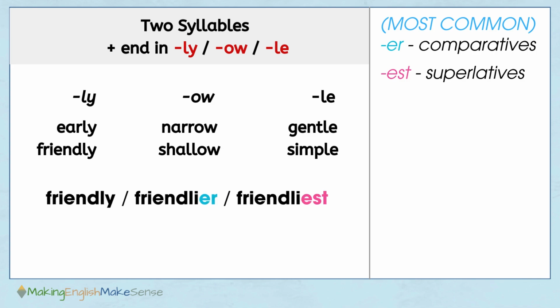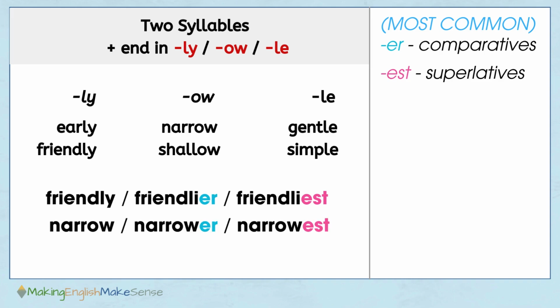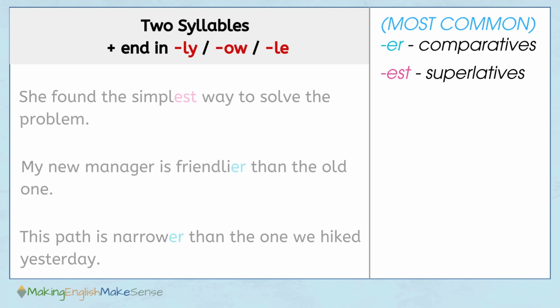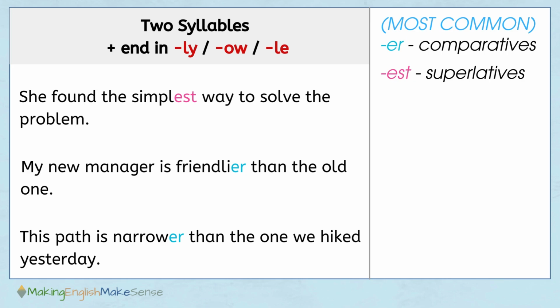Friendly, friendlier, friendliest. Narrow, narrower, narrowest. Simple, simpler, simplest. She found the simplest way to solve the problem.